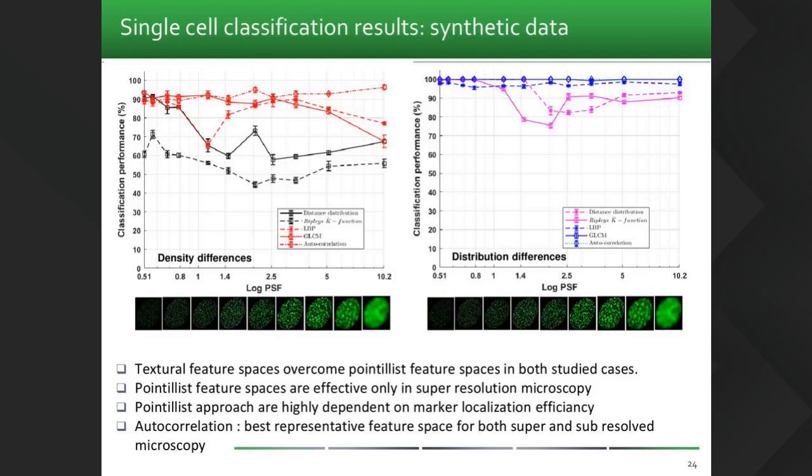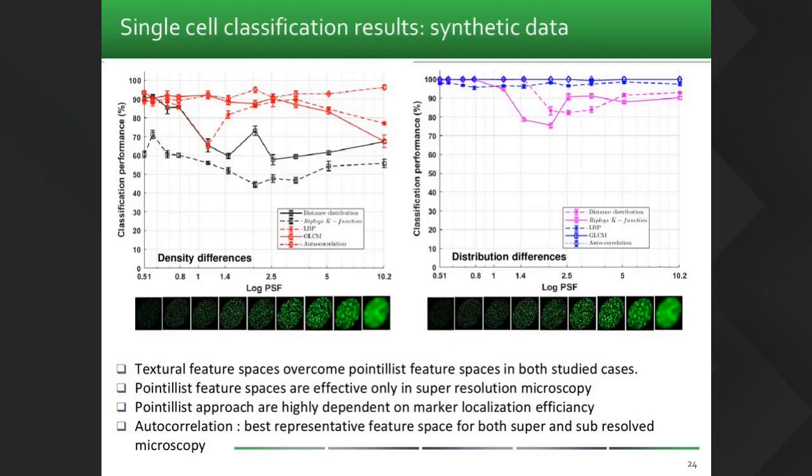This is in general what we found testing with various PSF sizes, and we found that the pointillist approaches are only efficient in single molecule localization microscopy, and this could be related to the capacity of localization of points. If we localize the point with good precision, we will have a good classification.